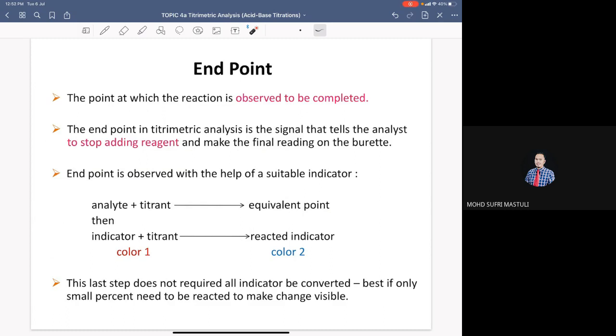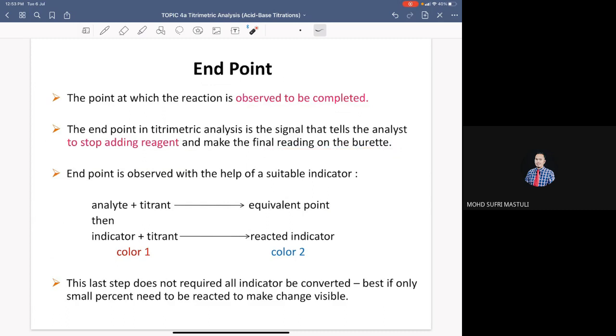So the end point is the point at which the reaction is observed to be completed. This is why we call it the end point. The end point in titrimetric analysis is the signal that tells the person doing the analysis to stop adding the titrant, or the reagent from the burette, and make the final reading on the burette.